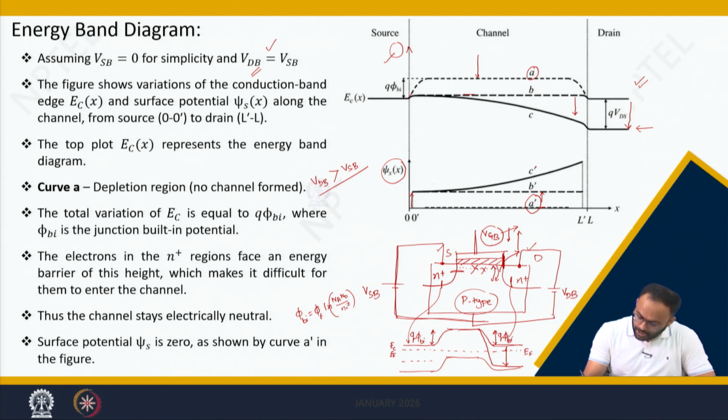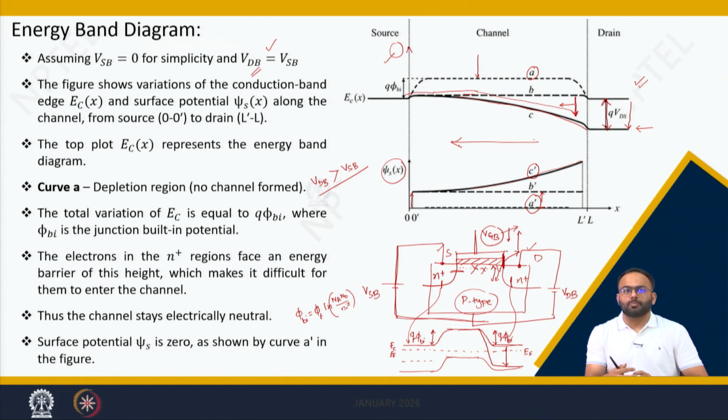That is what can be represented by C dash. So the surface potential is increasing and the potential energy is reduced. If there is a reduction in potential energy, the electrons will cross this barrier, come into the vicinity of this part, and ultimately be attracted by this electric field. This change in potential energy causes a horizontal field which is responsible for the current flow from source to drain.